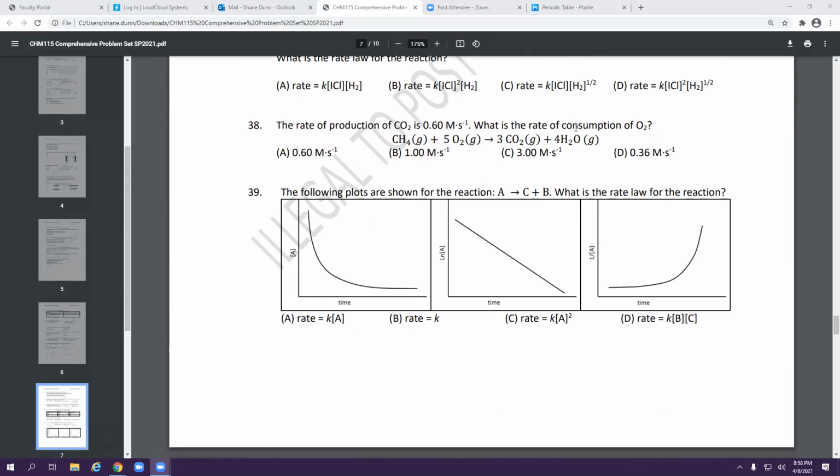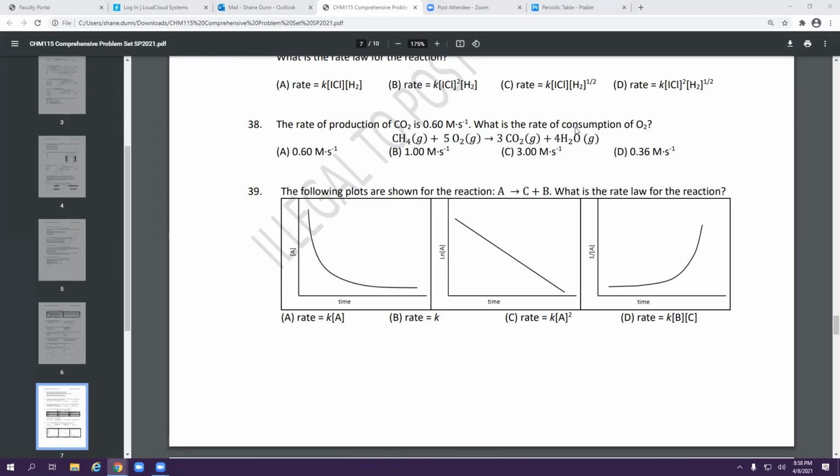Number 39. What's the following picture shows this reaction? I want to say A. Or like the first one. Do I have a 0 here? Do I have a 0 on B?